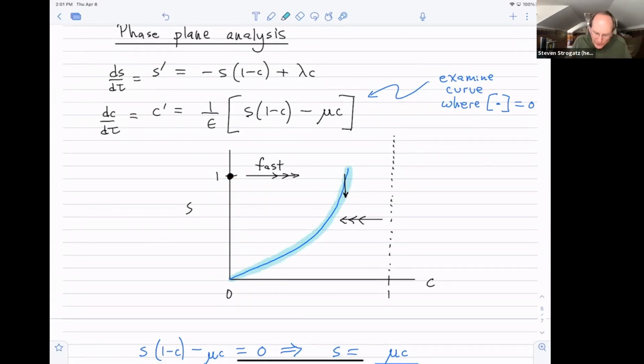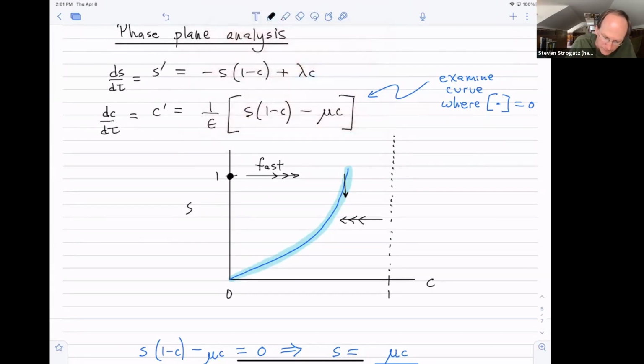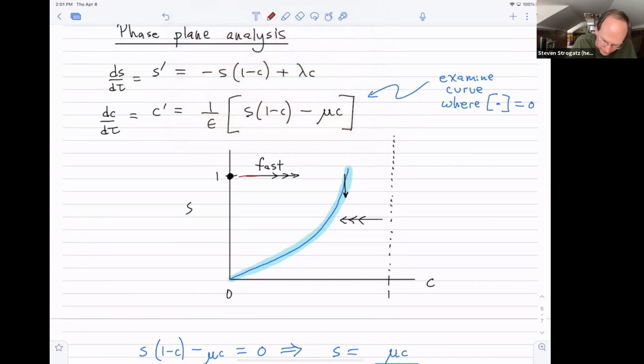So a typical trajectory is going to look like this. Bang. And then you can't really even see the difference because epsilon is so small. Just going to slowly march down here.